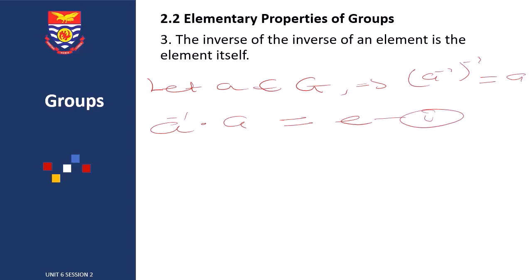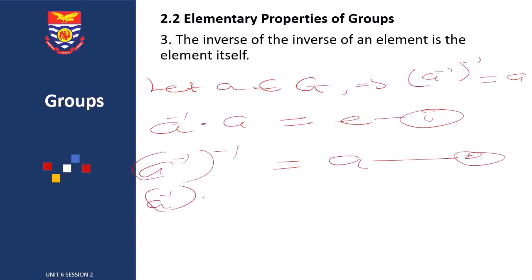So let's pre-multiply the expression. The expression is here: the inverse of the inverse of A equals A. Let me call this equation 2. When we pre-multiply equation 2 by A inverse, I'll get A inverse times the inverse of A inverse, and this equals A inverse times A. I think you agree with me.